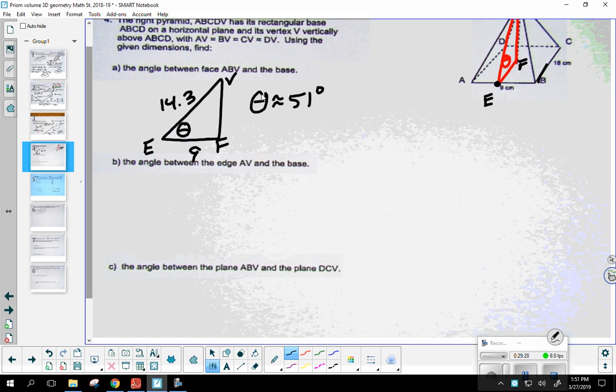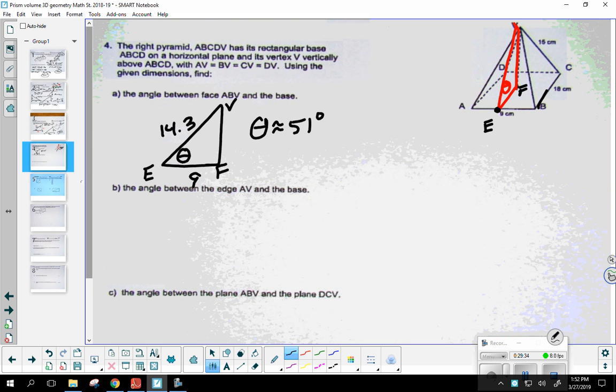For B, I want to find the angle between the edge AV and the base. So let's see if I can do this on here. We want it between AV and the base. For this one, I would probably draw another segment to illustrate the angle that I'm looking for exactly.